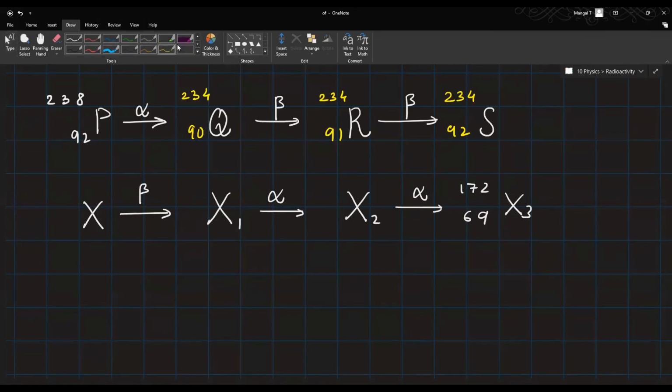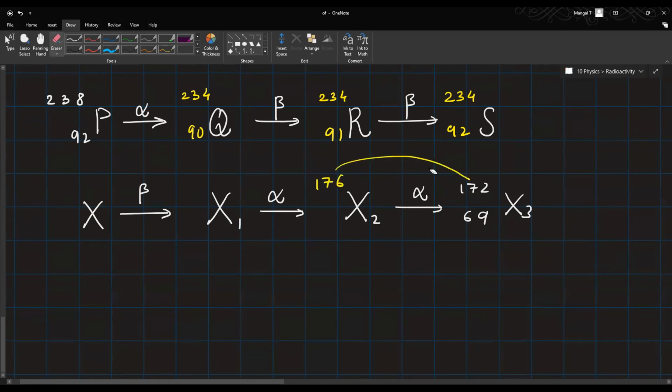So again, you work backwards. It should be 176 minus 4 will give you 170. 71 and 71. It has to be 180. And 73. And the last one will be 176 and 71. 72, because 72 incremented by 1, yes.